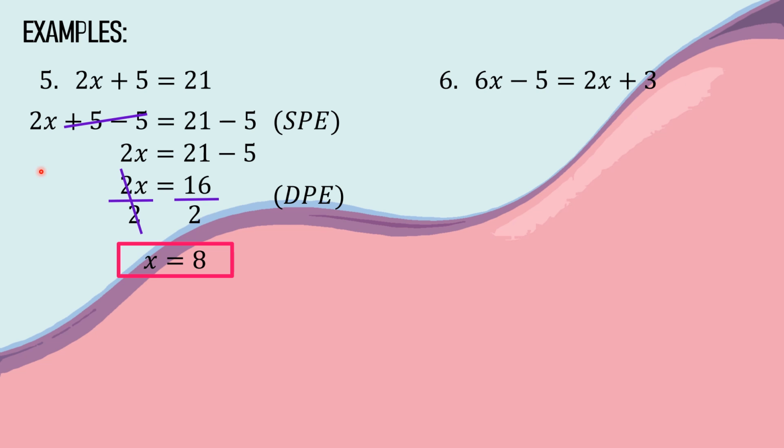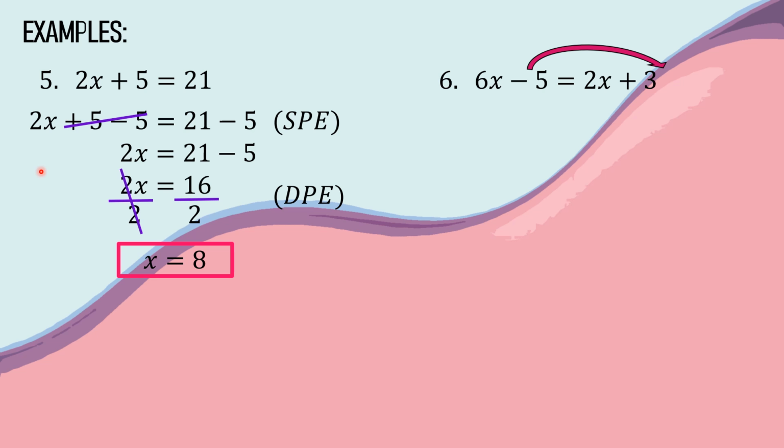Sixth example, 6x minus 5 equals 2x plus 3. So, dito kung mapapansin nyo, merong dalawa na may variable x. So, ang gagawin natin, pagsamahin natin yung like terms o yung may magkatulad na variable or yung parehong constant.